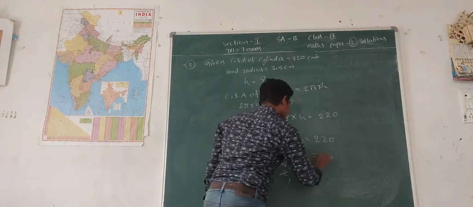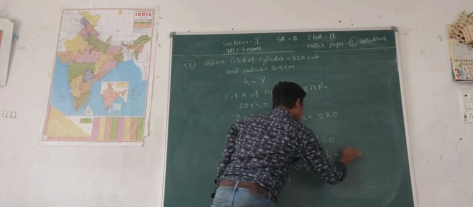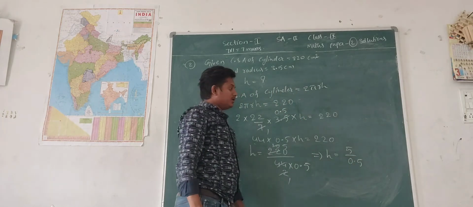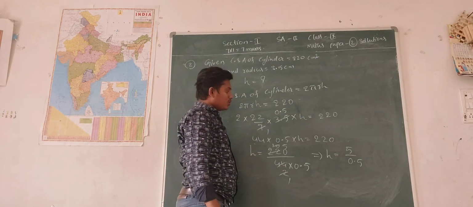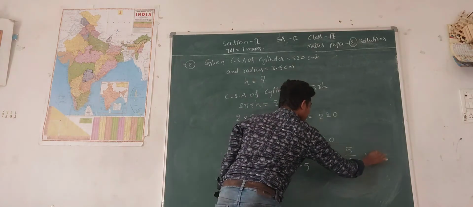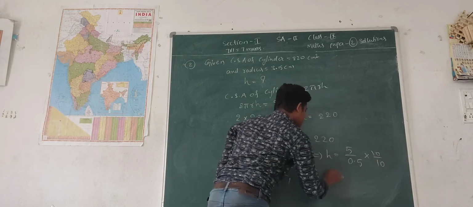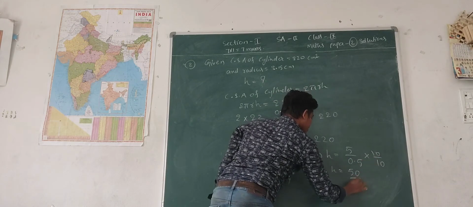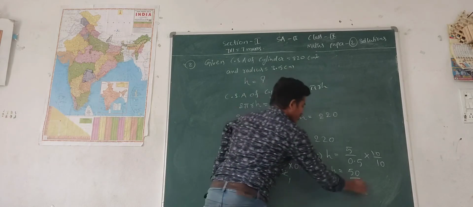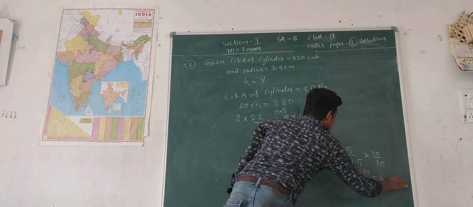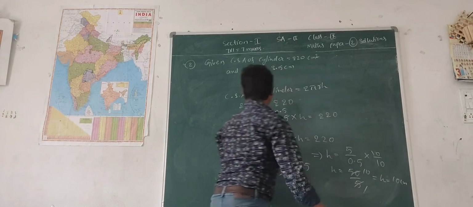What we have left with h equals to 5 by 0.5. Okay, 0.5. So I am multiplying with 10 by 10, then this becomes h equals to 50 by 5. Now 5 10s are 50. h equals to what? 10 centimeter.